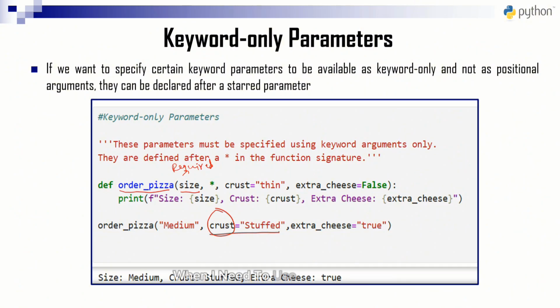When I need to use keyword only parameters, I have to use an asterisk, and then these are the keywords, that means your parameters, and I am giving values over here. So when I am calling the function order pizza, this medium value will go for size, crust equal to stuff, extra cheese equal to true.